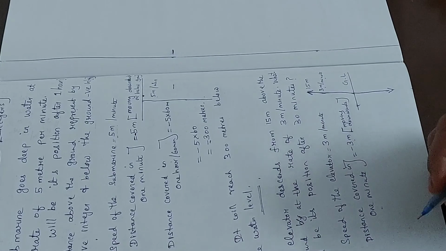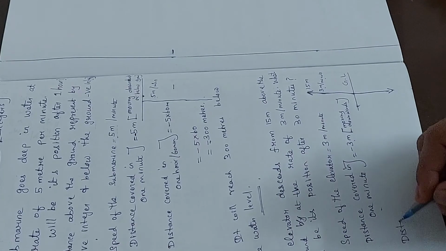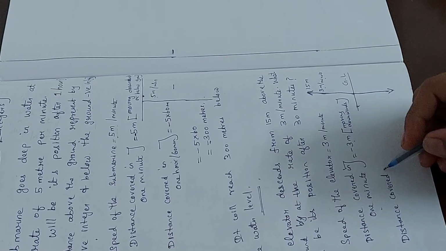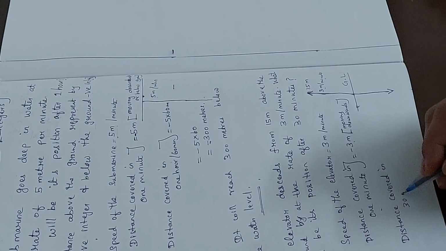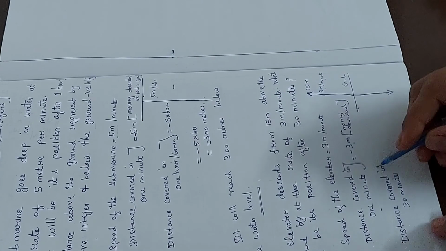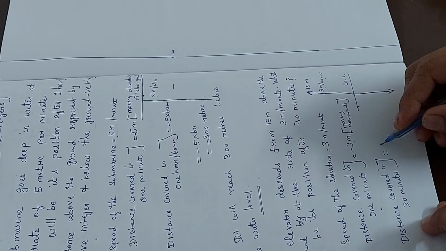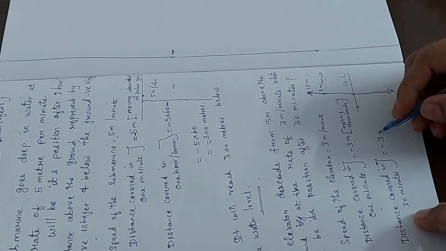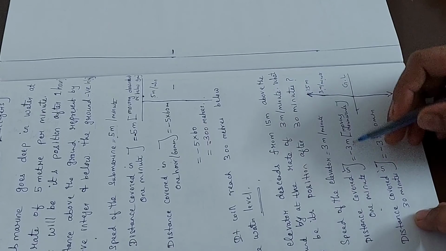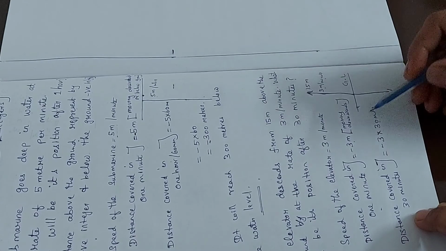So then what is the distance covered in 30 minutes? We have to find out. Okay? 30 minutes, right? So minus 3 into 30 minutes, that is minus 3 meter into 30 minutes.